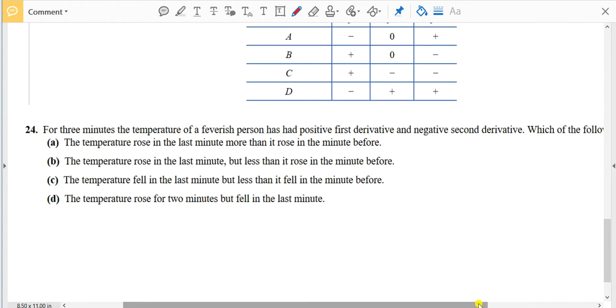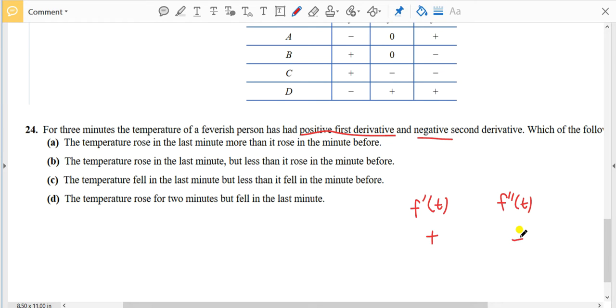Okay, so let's draw some picture here. We have positive first derivative, so let's just say f prime of t is positive, or plus, and the second derivative, or f double prime of t, is negative.